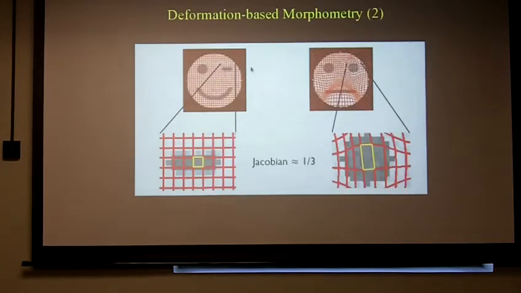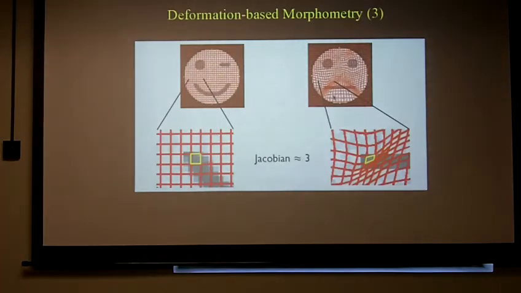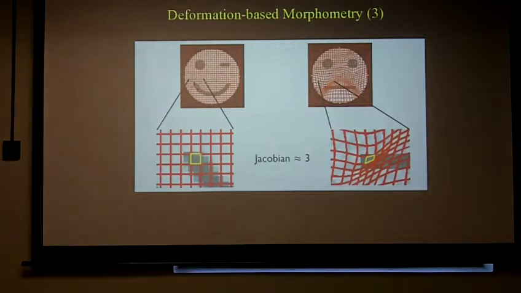But for the other eye, the Jacobian value is 1/3, which means it had to expand 3 times. And at this particular point, the end of the mouth, the Jacobian value is 3, which means it had to shrink 3 times.